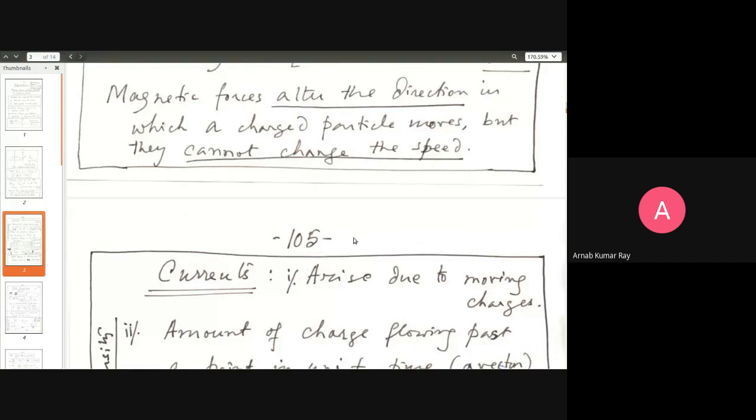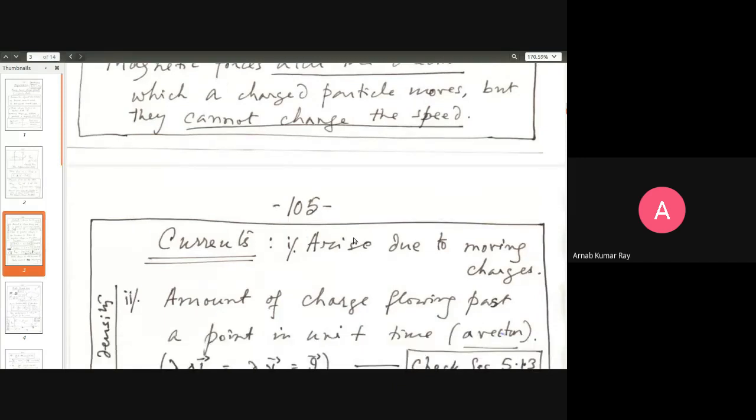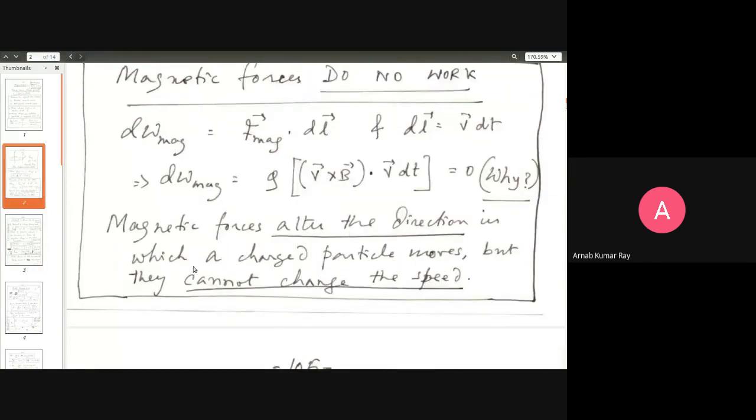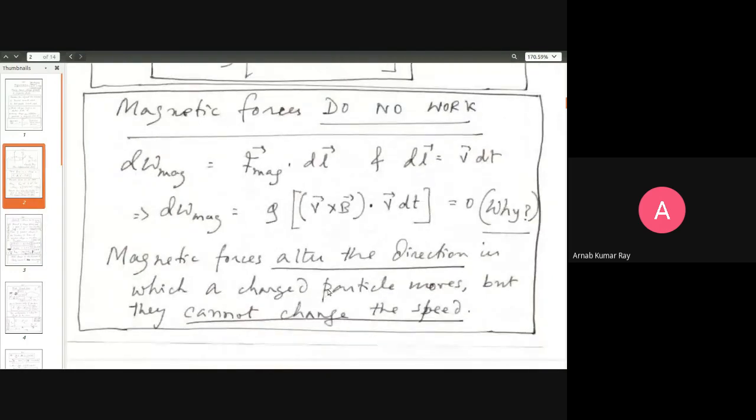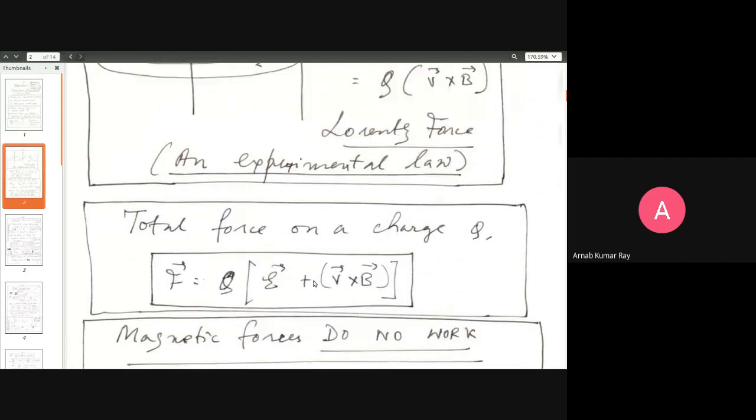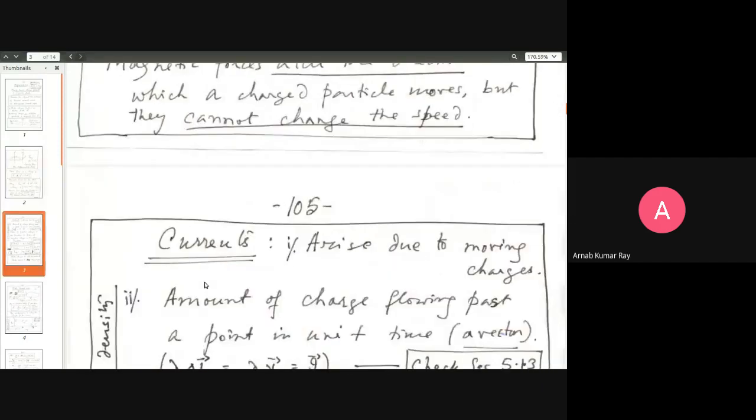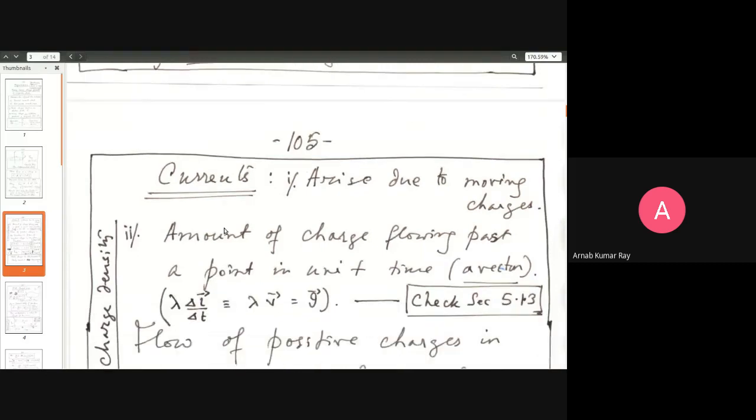Okay, let us now look a little more. Since we are talking about charged particles moving under the effect of a magnetic force, moving charged particles are currents. So we shall now look at currents in more detail.